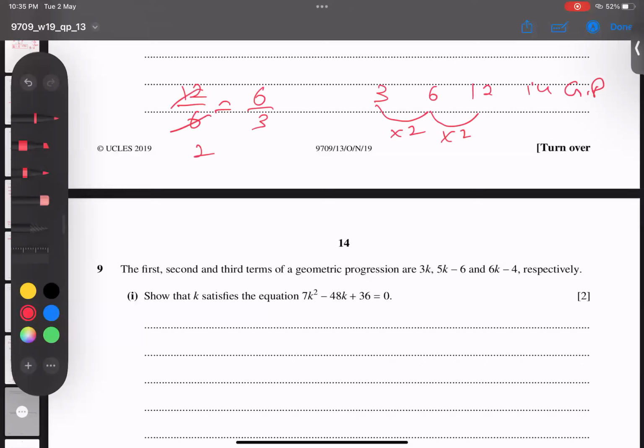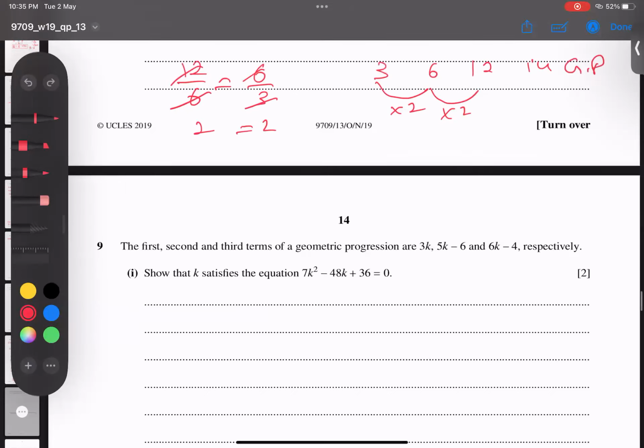This cancels, I got 2. This cancels, I got 2. It means they are equal. So can I say the third term divided by the second term is equal to the second term by the first term? So I'm writing here T3 by T2 equal to T2 by T1.